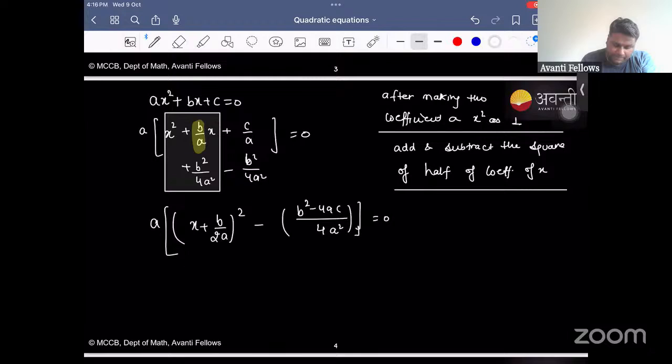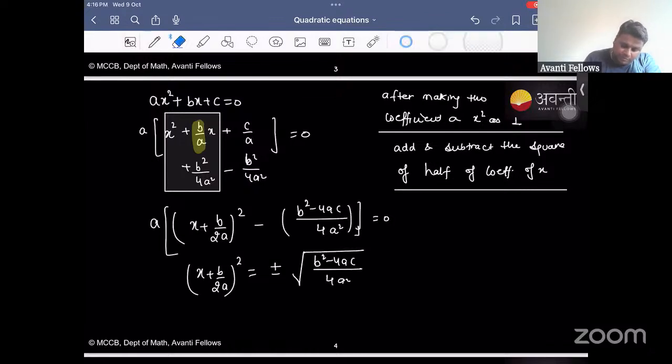Am I correct? So x plus b by 2a whole square equals plus minus under root of b square minus 4ac upon 4a square. You remove this square, take it to the right side, it becomes under root and plus minus comes over there. Got it?